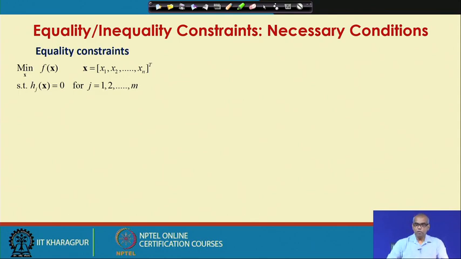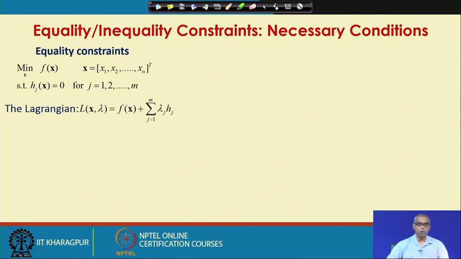So, let us quickly review what we have learned about the optimality conditions for equality constraint optimization problems and inequality constraint optimization problems. So, I have an equality constraint optimization problem, minimization of f(x), an n variable function, subject to m equality constraints h_j equal to 0, where j goes from 1 to m. So, the first thing we did is we formulated the Lagrangian.